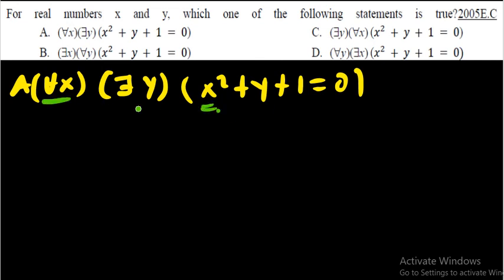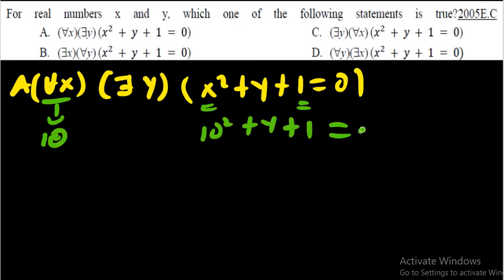For example, someone can take 10 and square it. 10 squared plus y plus 1 is equal to 0. 10 squared is 100. 100 plus 1 will be 101, plus y is equal to 0.